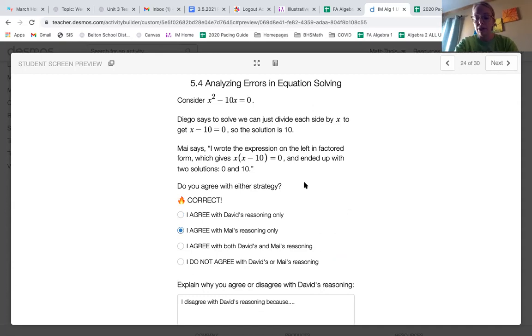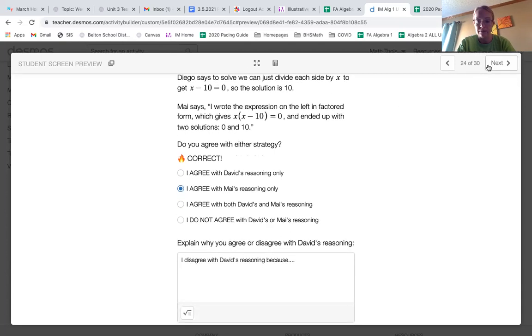So you can never divide by x because you don't know what x is. X could be a number, but x could also be 0. So you can never divide equations by x because you don't know if it is 0. And that is an illegal move in mathematics. So in this case, we would agree with Mai in factoring.